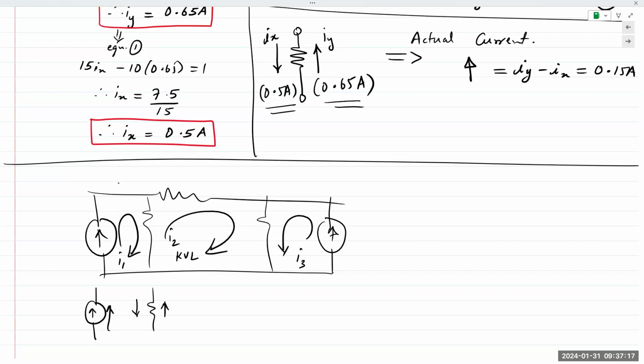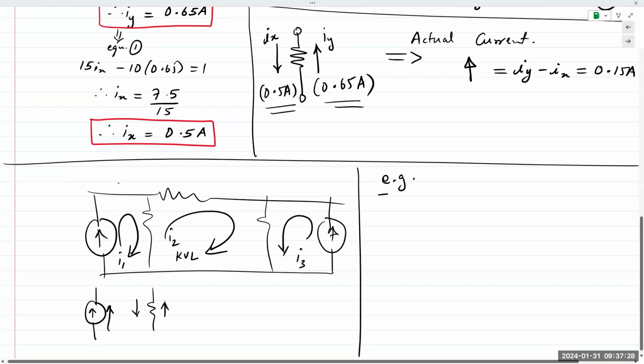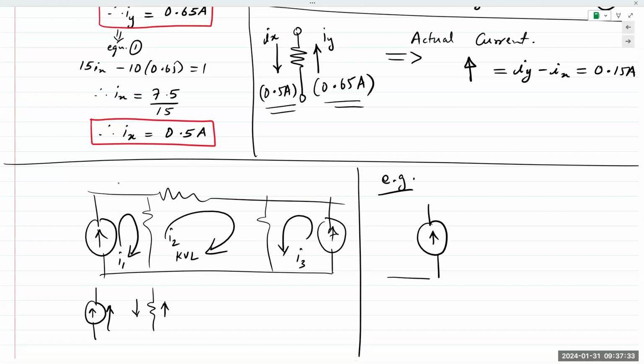Now, taking that one step further, if a current source is shared between two branches, for simplicity's sake, let's call this 1 amp, and I have my hypothetical mesh currents IA and IB.